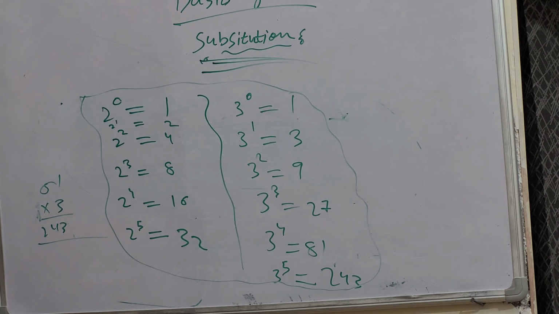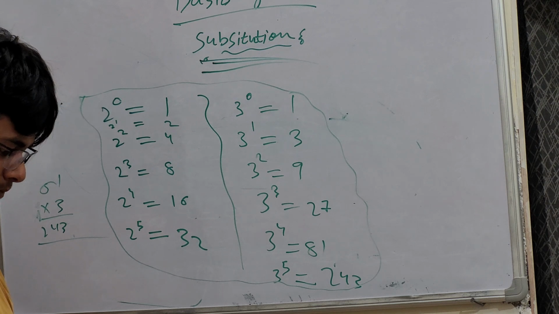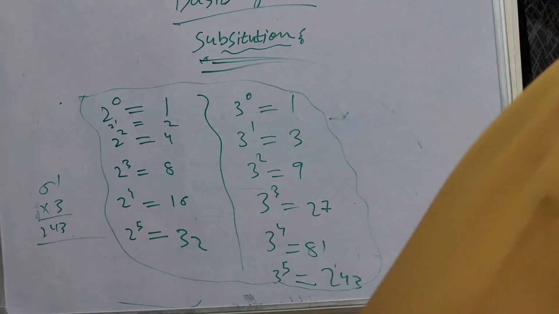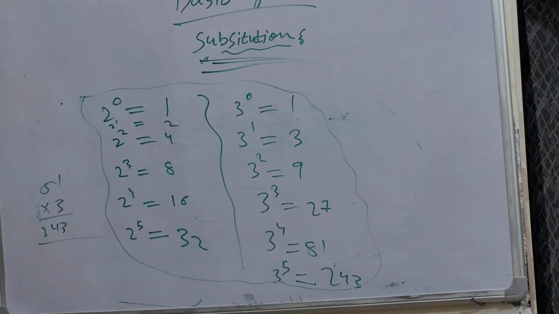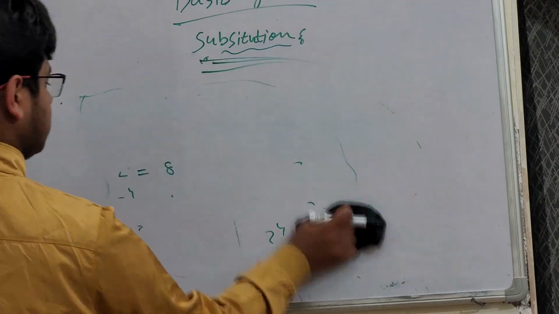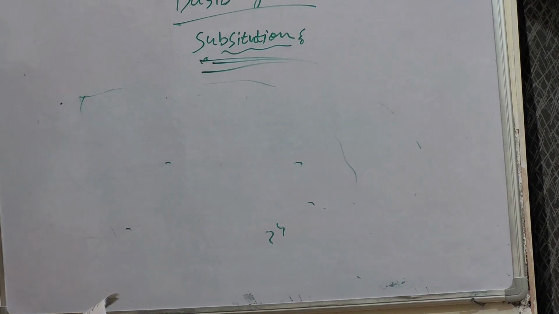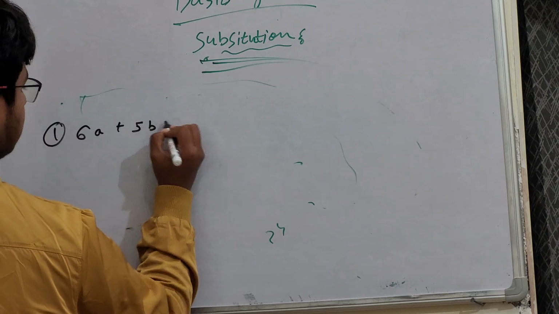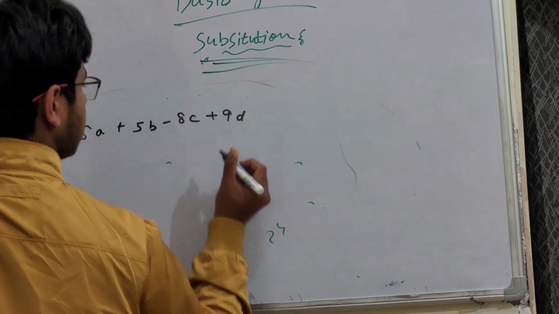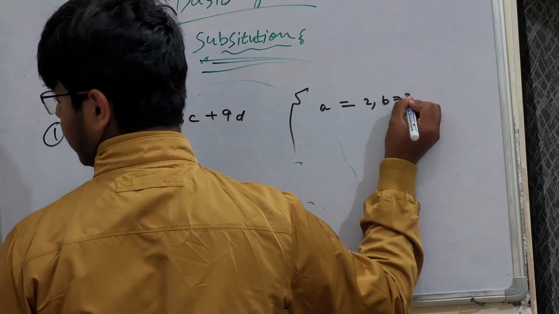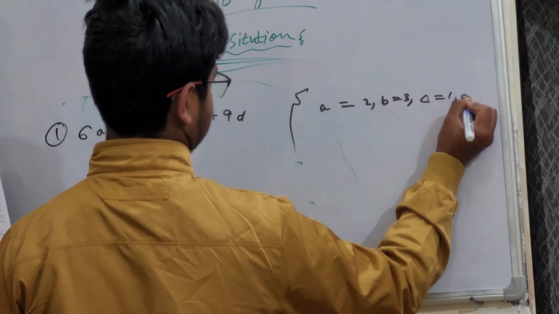I don't have any more questions left for substitution, but there are some examples I'm going to discuss now. Let's solve some examples. The first is 6a plus 5b minus 8c plus 9d, and we are given the values a as 2, b as 3, c as 1 and d as 0.